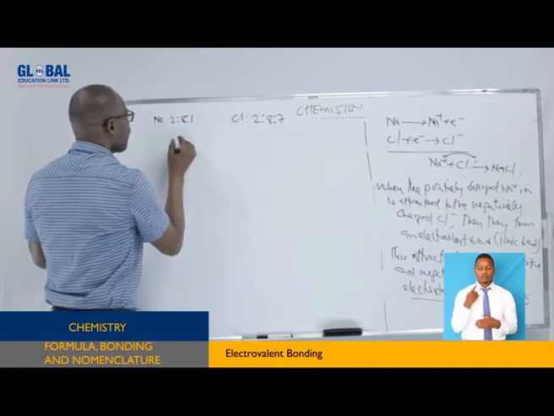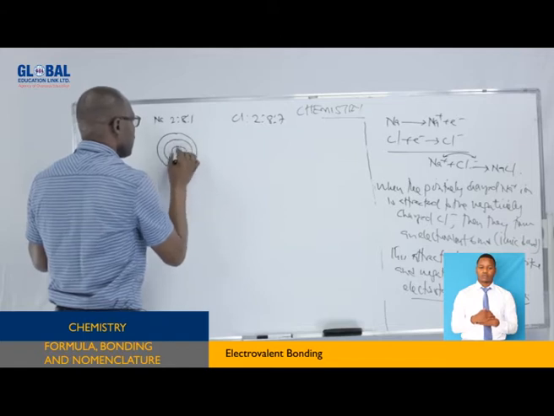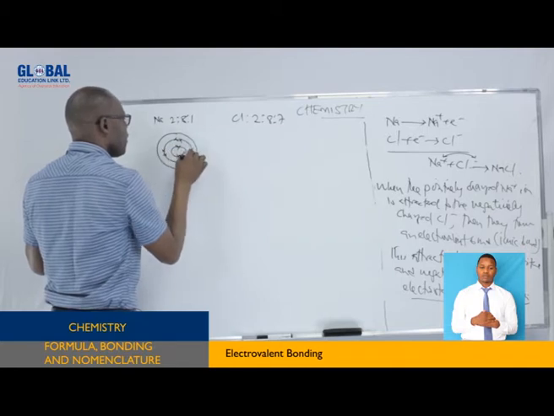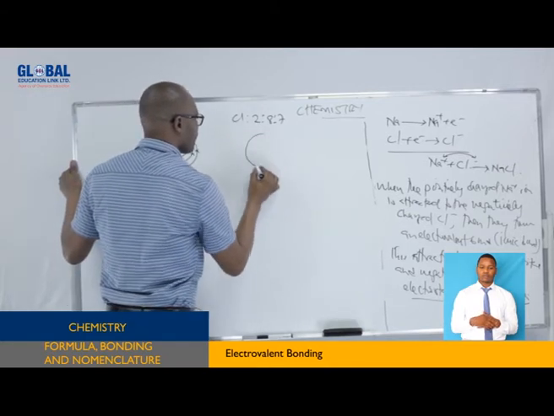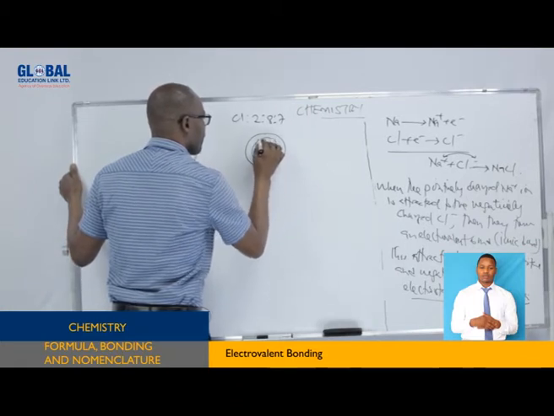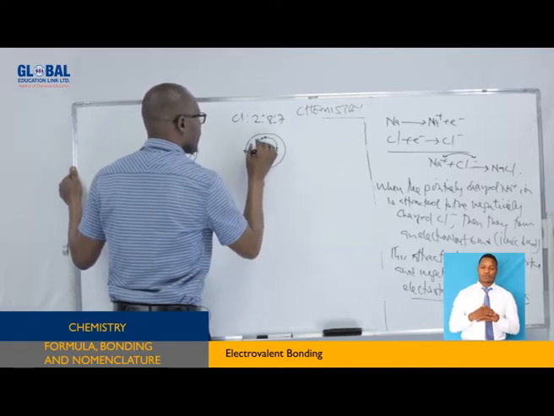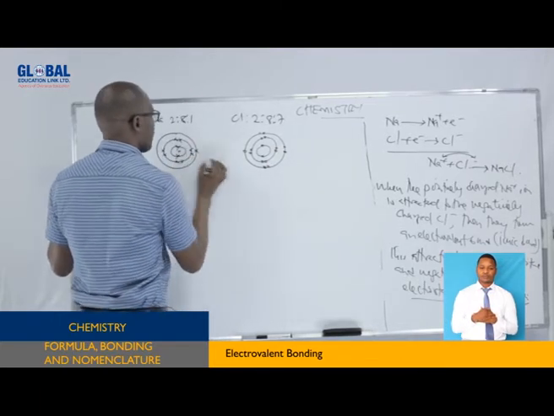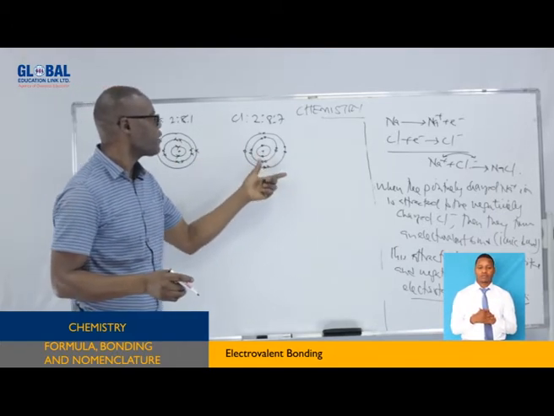So let's see. We have got sodium 2 to 8 to 1, chlorine 2 to 8 to 7.